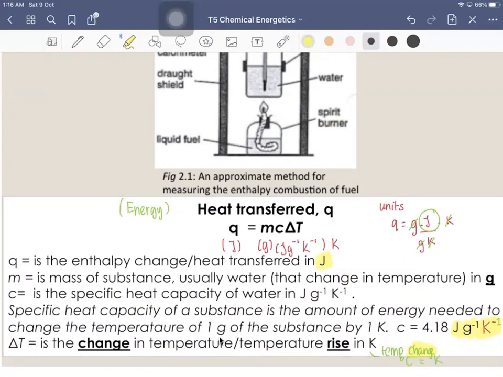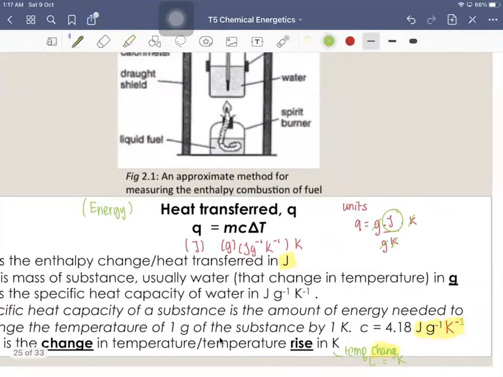But we usually assume 1 centimeter cube to be equal to 1 gram for any solution unless stated otherwise.